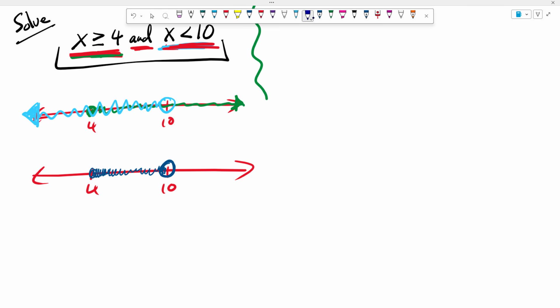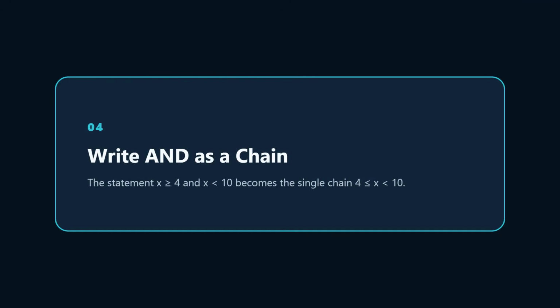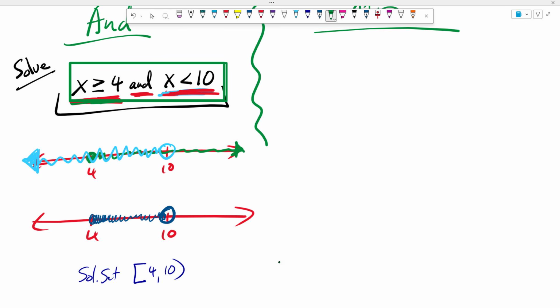And of course, that's the graph of the solution set. The actual solution set in interval notation would be all the numbers between 4 and 10, including 4, excluding 10. This compound inequality could be written in one line.